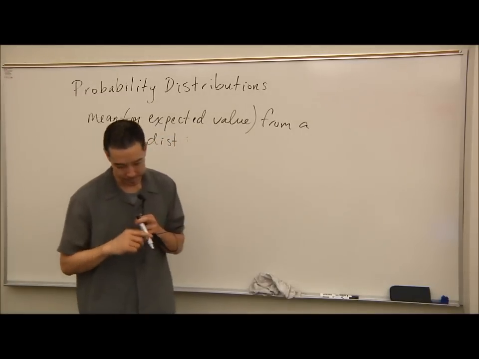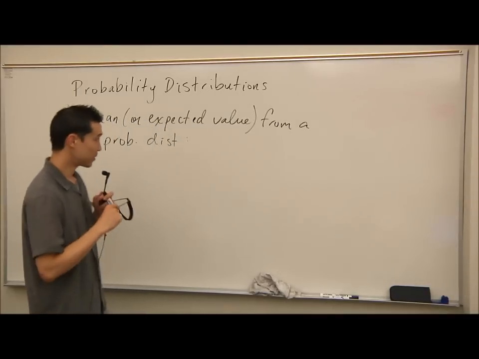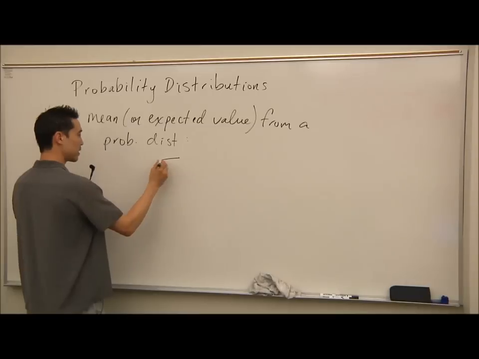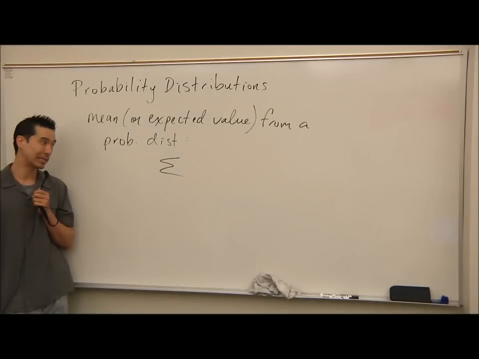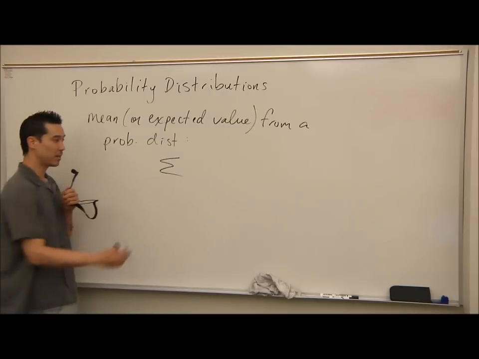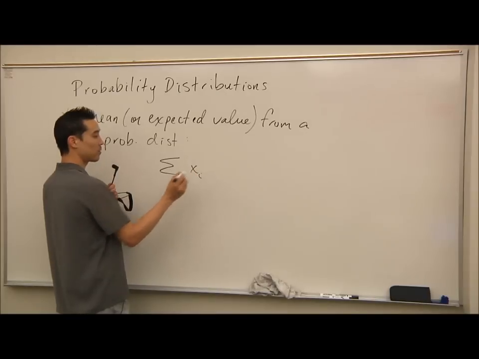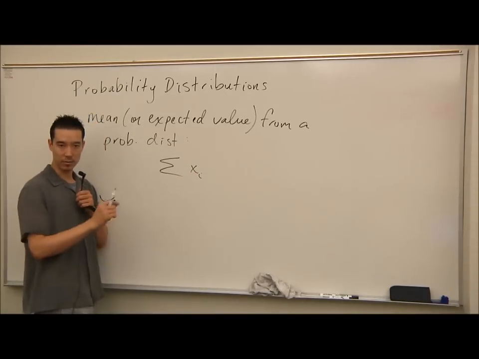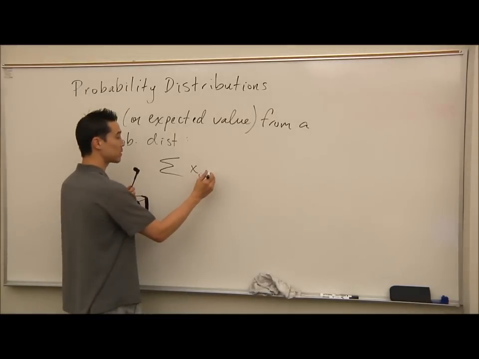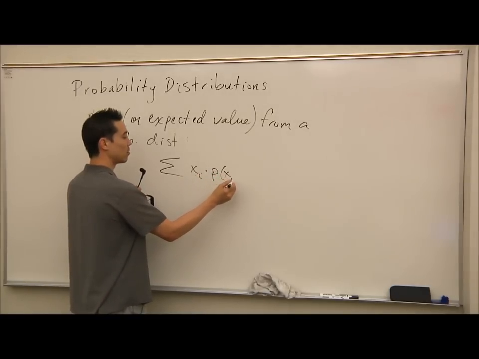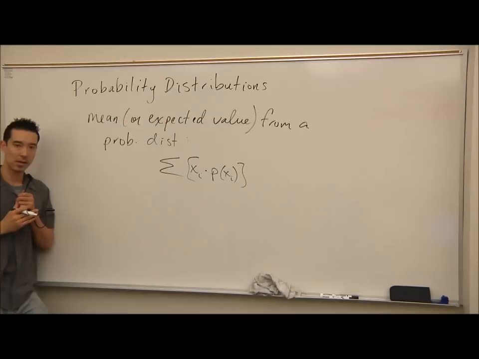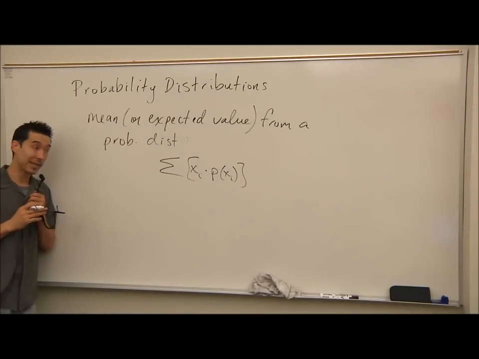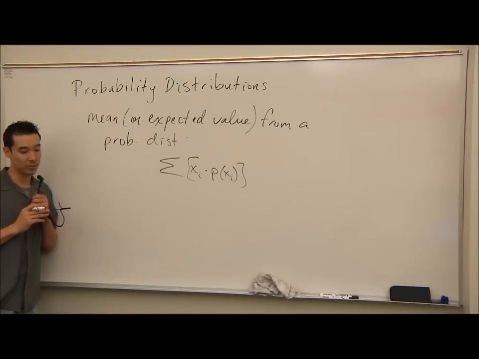Okay? And here's your formula. It's equal to the summation. So we've seen that before. What does that mean? I'm going to add stuff, right? So each x, I'm going to put a little xi here because there's more than one x, right? So every x times the probability of each of those x's. This is my formula for the mean or the expected value from our probability distribution.